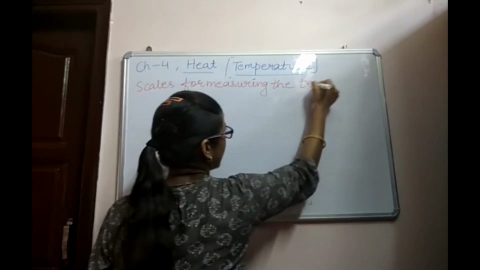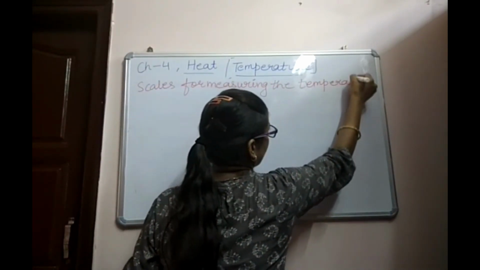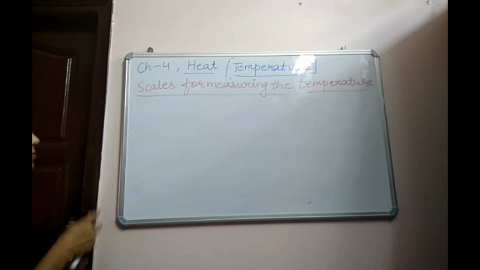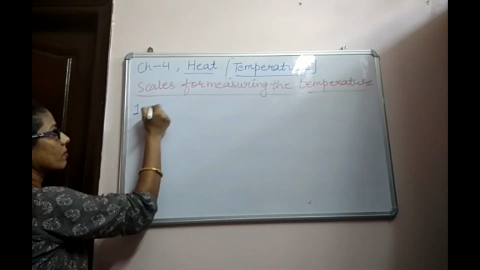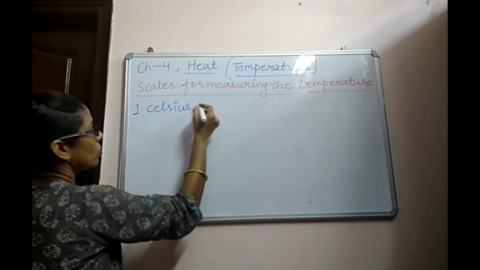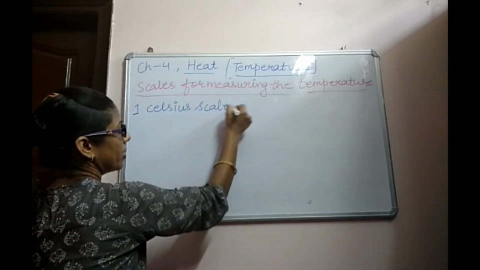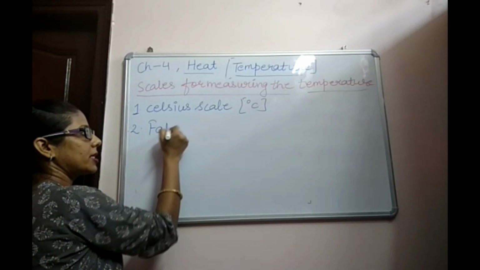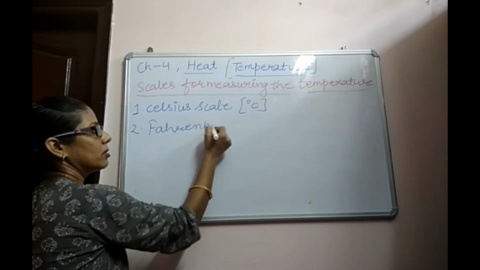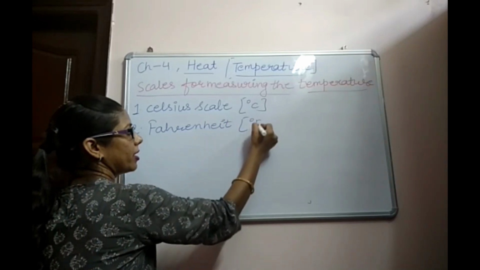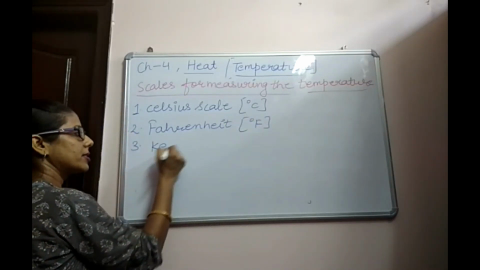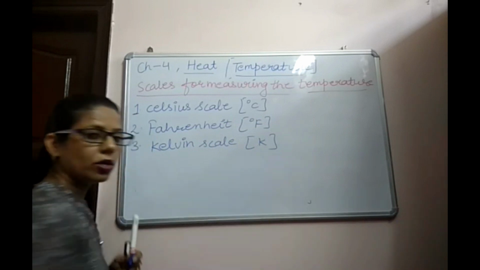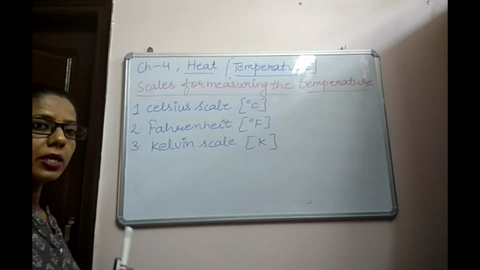These different scales are the Celsius scale, denoted by degree C, the Fahrenheit scale, denoted by degree F, and the Kelvin scale, denoted by capital K. By using these scales we can measure the temperature easily.